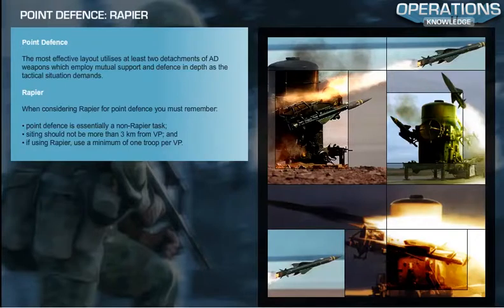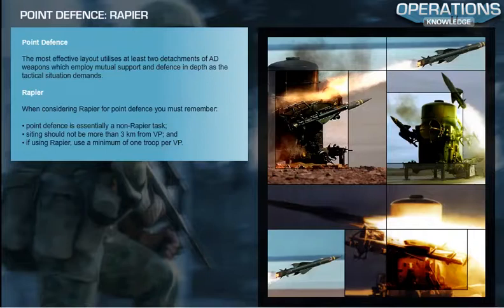Point defence is used to protect a vital point, such as a unit, headquarters, or installation which occupies a relatively small area, approximately 1 square kilometre. For point defence layouts to be effective, detachments must be deployed so that threat attack profiles can be engaged by at least 2 detachments before the line of weapon release.